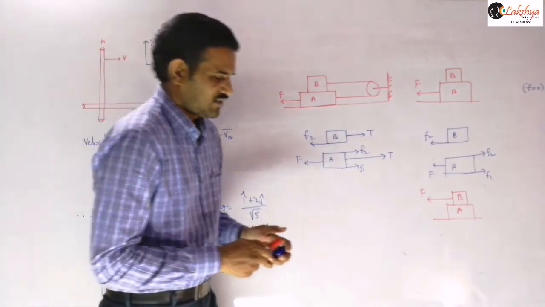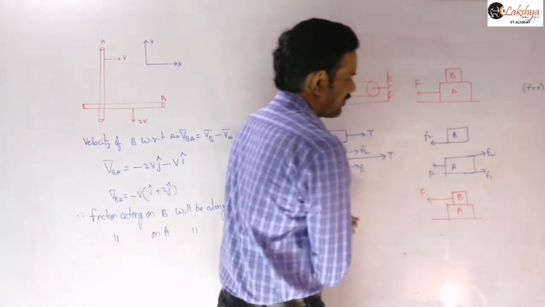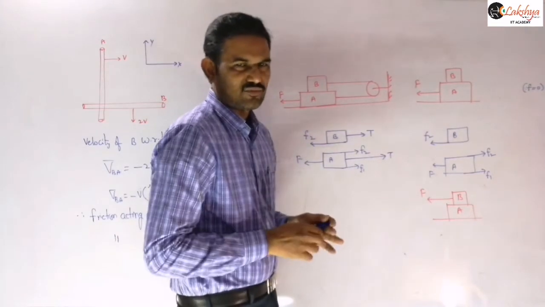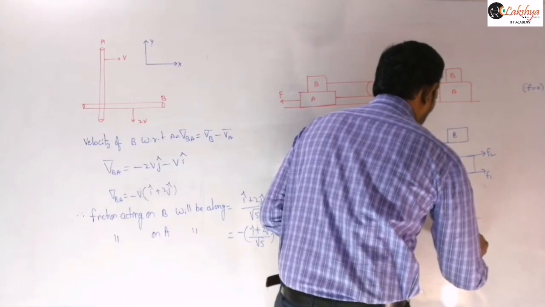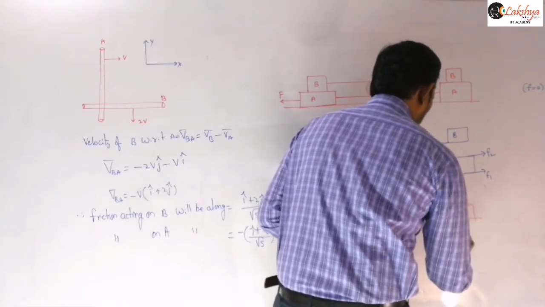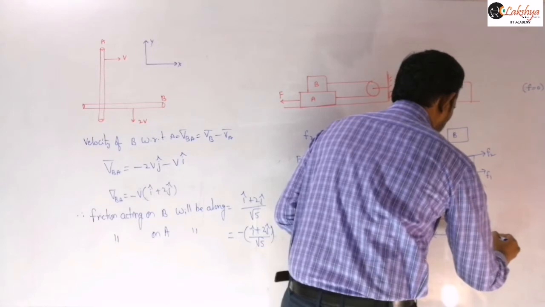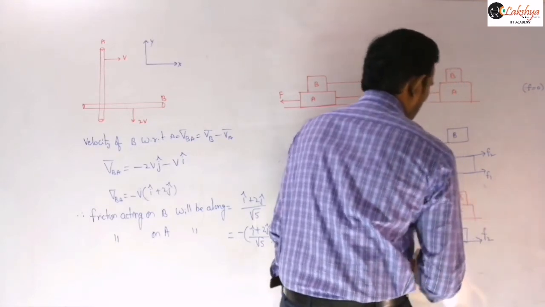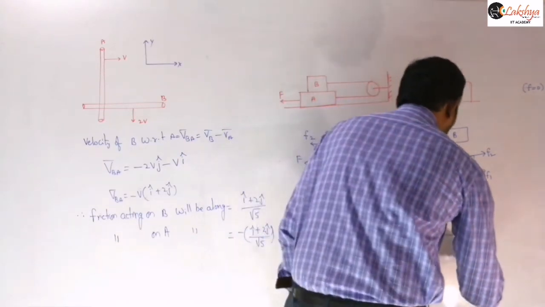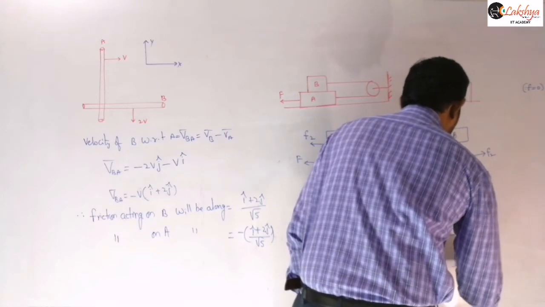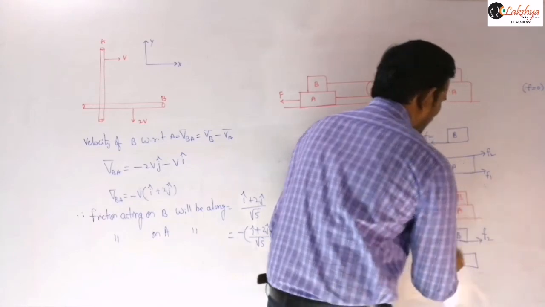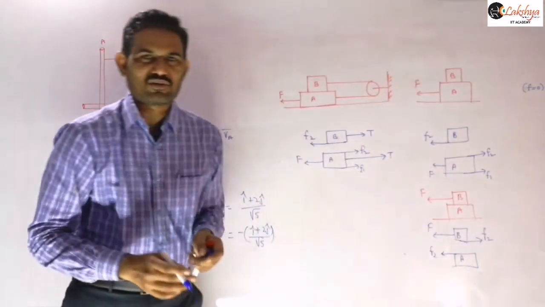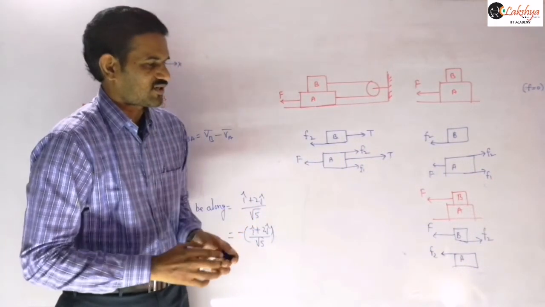Then you may think only block B is moving, and block A doesn't move. If only block B is moving, then the frictional force acting on block B will be along this direction. Let it be F2. And the frictional force acting on A will be along this direction here. Action and reaction: the friction between the blocks will always be equal in magnitude and opposite in direction.